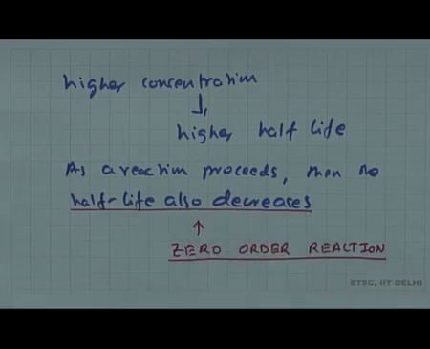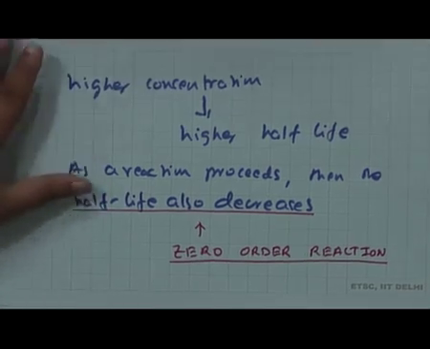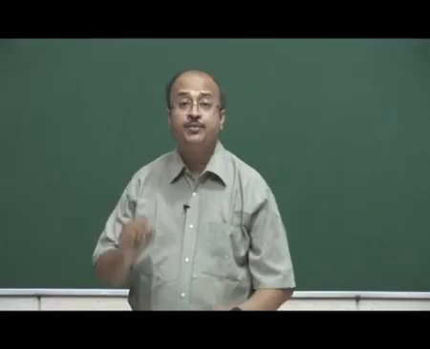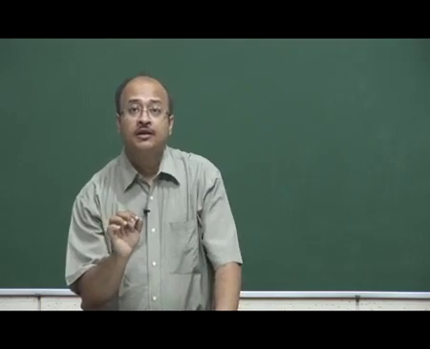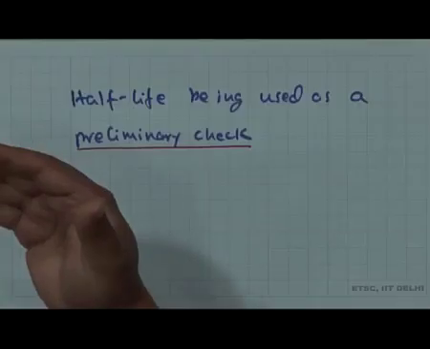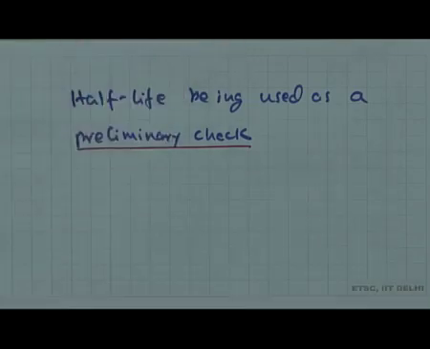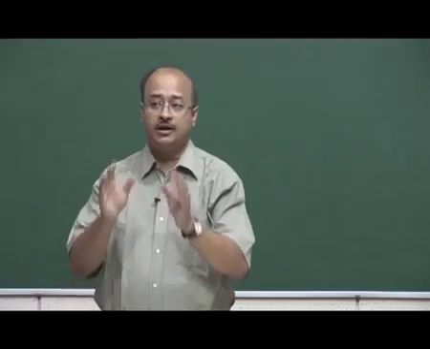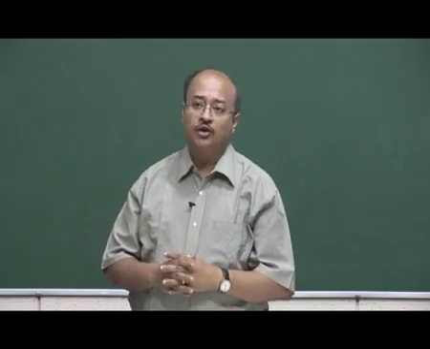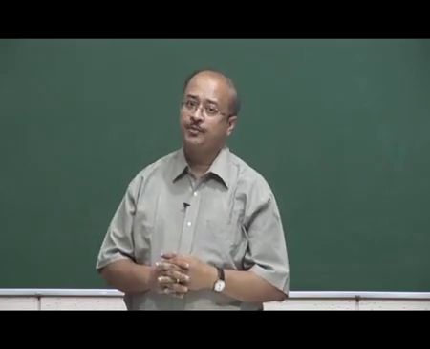Now conversely, if you are given a reaction profile, right, if you are given a kinetic profile and from there you are seeing that the half life is decreasing as a function of time, that means as the reaction is progressing, then you immediately say, as a preliminary check, because the half life is decreasing as the reaction is proceeding, it means that it should correspond to a 0 order reaction, or that the reaction I am looking at follows 0 order kinetics, right.